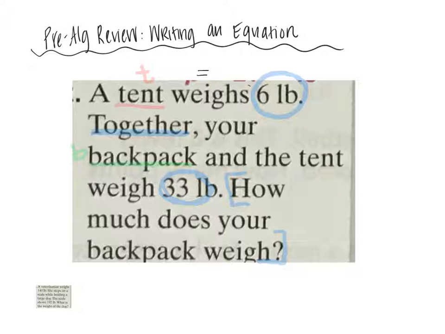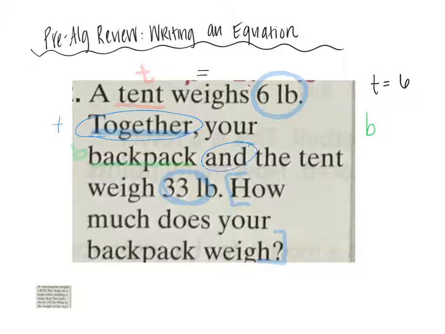So "weighs" is just like "is." A tent is 6 pounds. So T equals 6. And together my backpack and the tent weigh 33. When you see together, this is an addition problem. So together my backpack, my B, and the tent, that's an addition.